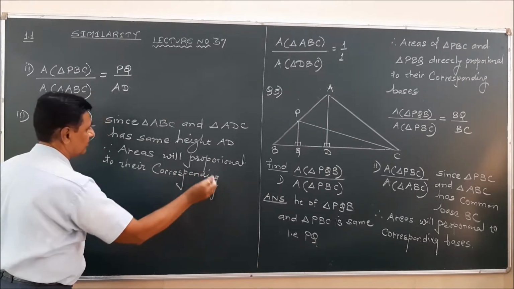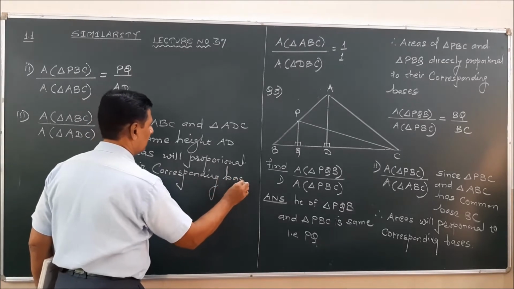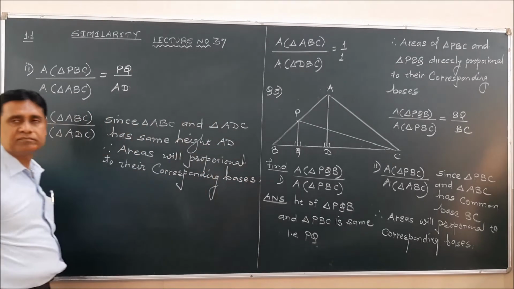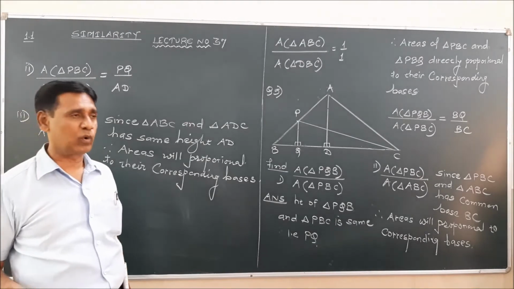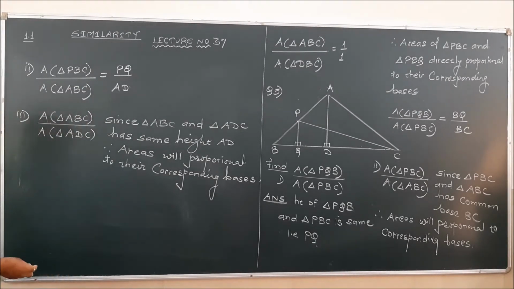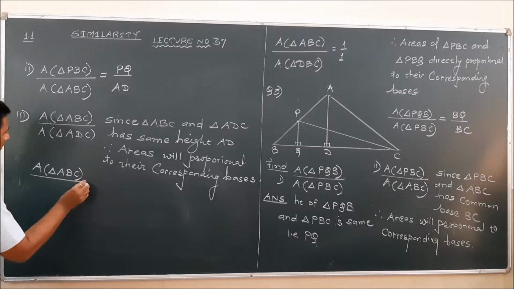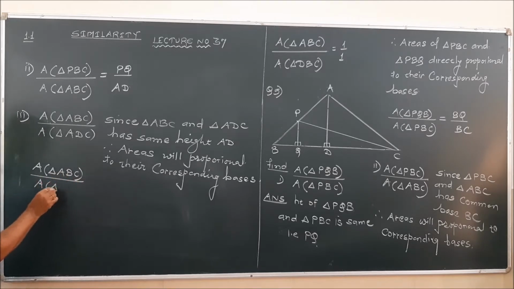This explanation is a must. You must give this explanation. Very, very important. So you will find here area of triangle ABC upon area of triangle ADC.